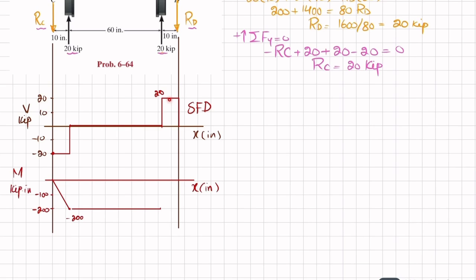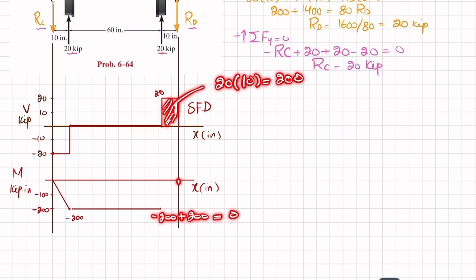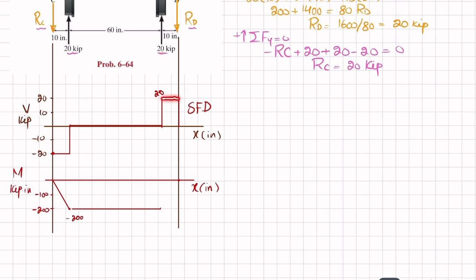Now here we have another area which is positive, and this is equal to 20 into 10, and that is 200. Clear? So here minus 200 plus 200 will bring it to 0 at this point. So this will be your point. And you can see that shear force is a horizontal line with 0 degree, and this is positive area, so bending moment will be 1 degree higher and slope will be increasing. It will be a straight line, first degree straight line. So this is your bending moment diagram.